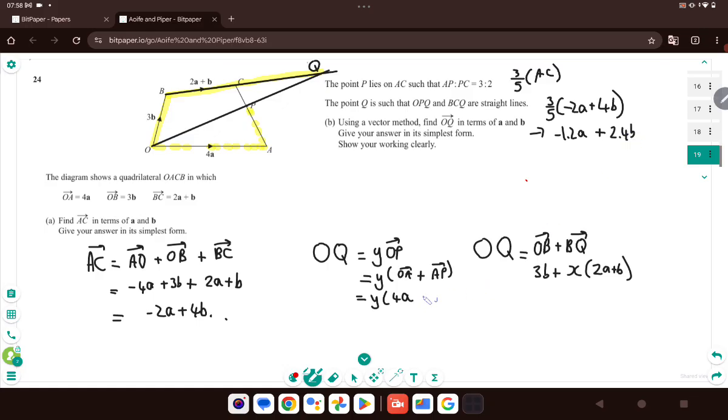So let me add this in here. That is my A to P, minus 1.2a plus 2.4b. Let's simplify that. Four minus 1.2 is 2.8.